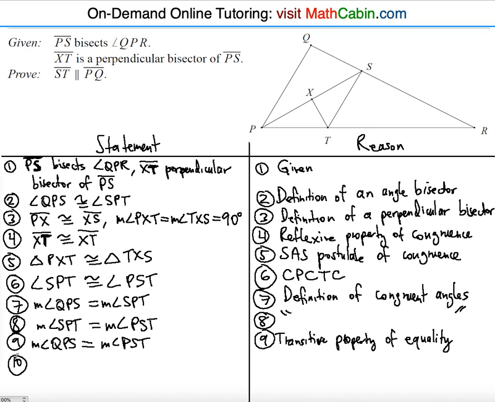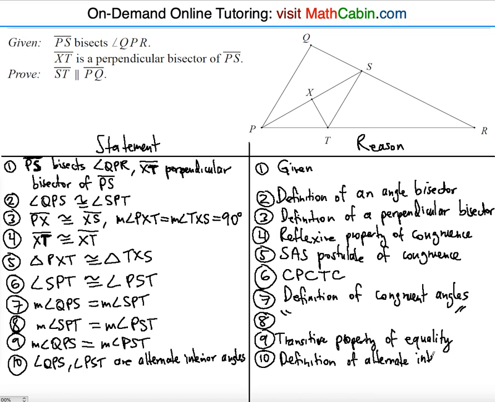So first, the 10th step should be that angle QPS and angle PST are alternate interior angles. The reason to say that is just the definition of alternate interior angles.